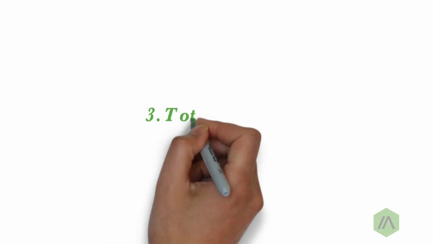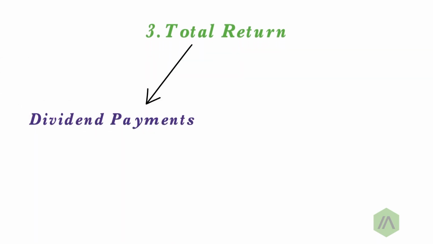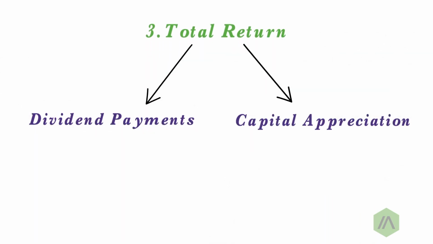The third metric is the total return. While selecting stocks for your dividend investing portfolio, you must look into the total return of the stock. Total return includes dividend payments as well as capital appreciation. There can be situations when a stock price plummets, raising the dividend yield, while reducing the total return of the stock because of the capital depreciation.